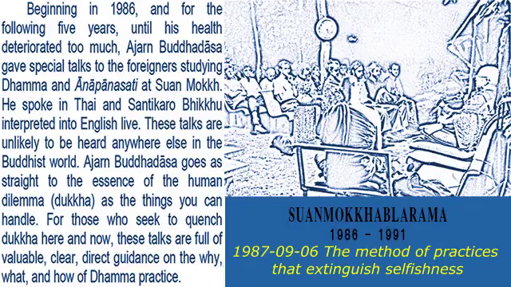This happens on the level that is called stream enterer, and then it continues to the level called once returner, and then the level of non-returner, and finally the highest level of spiritual attainment, the arahant, the perfected, awakened human being.